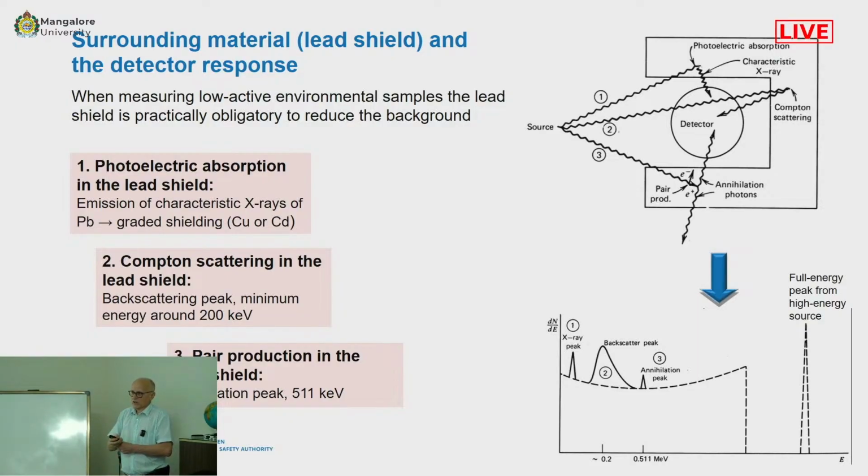In practically each emission or decay process, the nuclide also emits X-rays. However, their energies are much lower than typical gamma, so they are located also in this energy area here. All right.